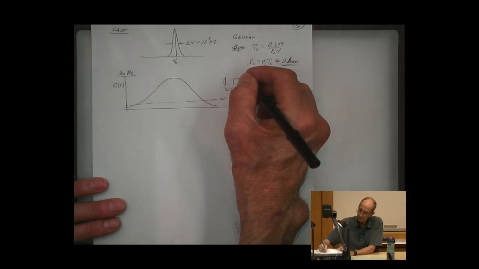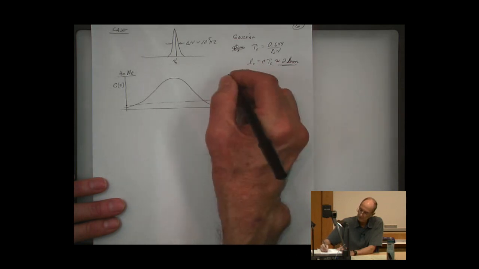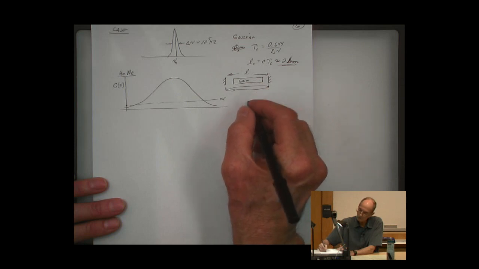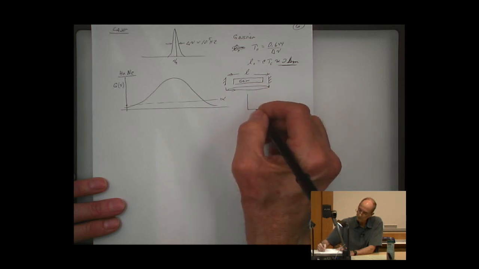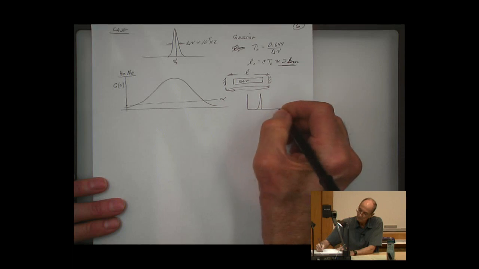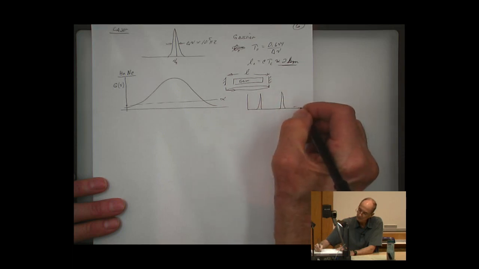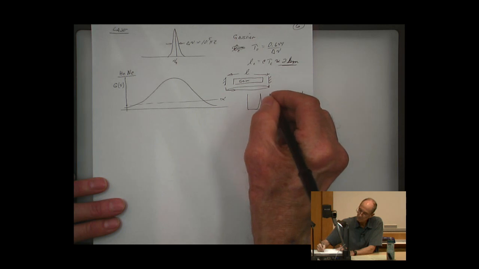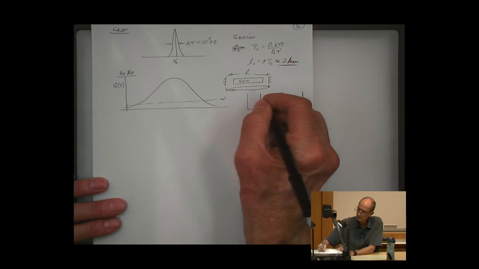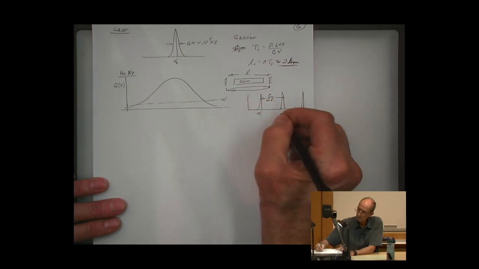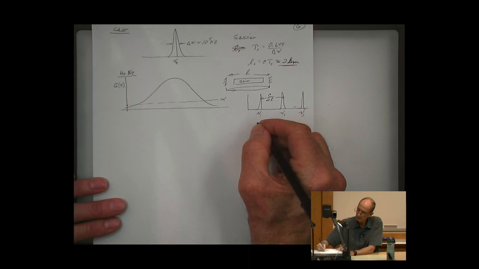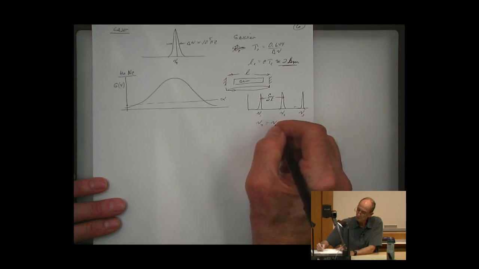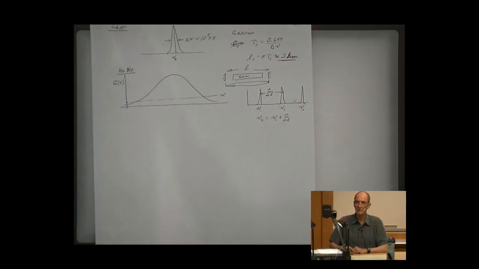So the laser cavity has a length L. And these modes that you would get are repetitive, and they are separated by the speed of light over 2 times the cavity length. So you have nu1, nu2, nu3, and nu2 is equal to nu1 plus c over 2L. All right, so they're related in this manner.